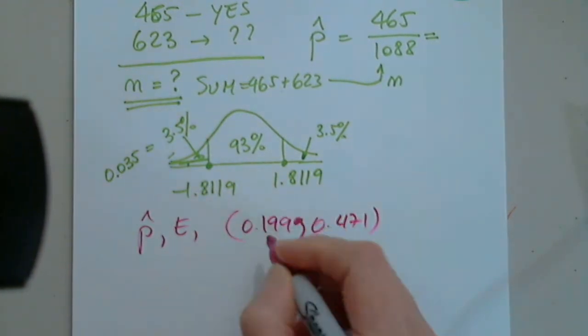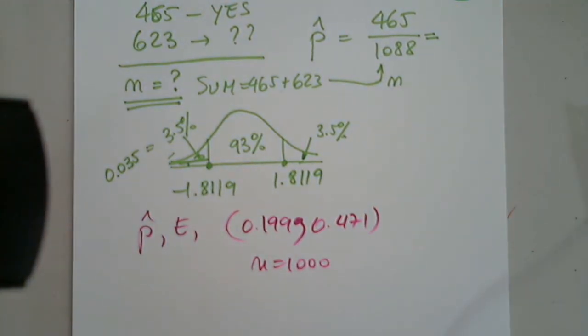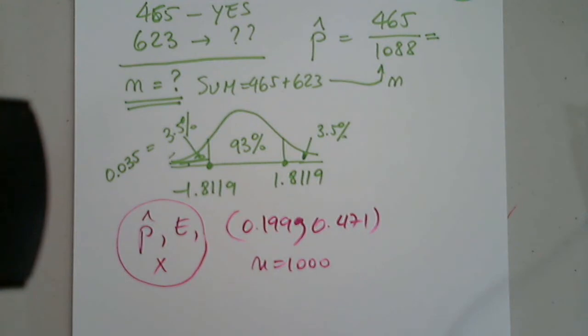So they want the point estimate, which is p hat. They want the margin of error and the number of individuals in the sample with a specified characteristic, which is x. So these three they want, and the given information is here.